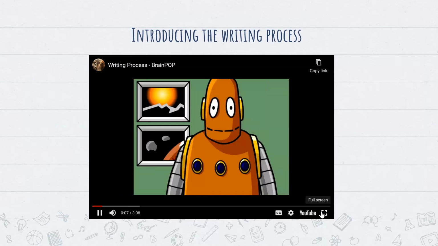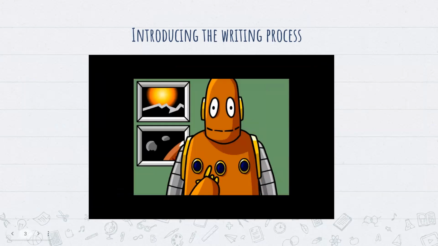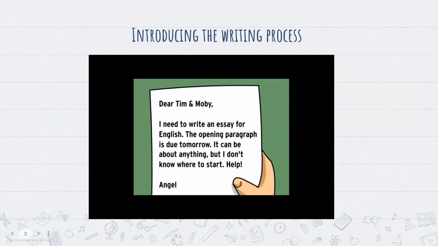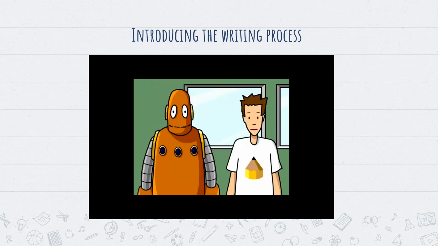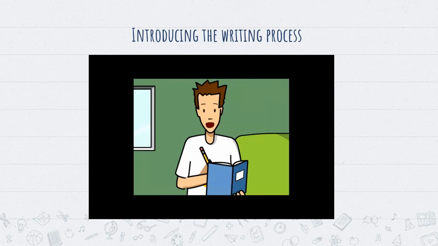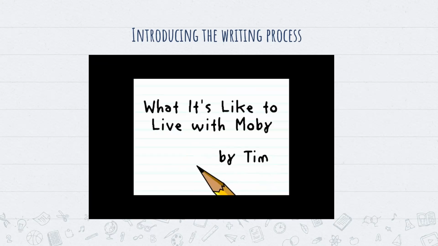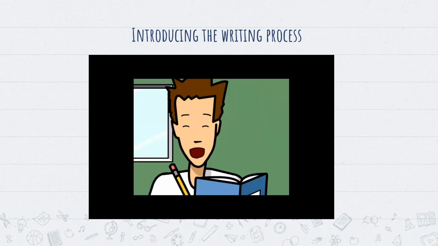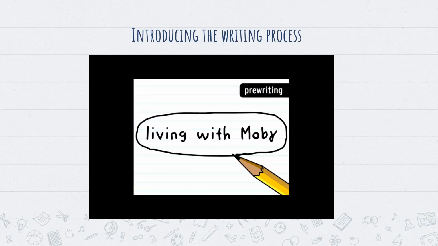I don't know what to write about. Write about you. Dear Tim and Moby, I need to write an essay for English. The opening paragraph is due tomorrow. It can be about anything, but I don't know where to start. Help. From Angel. I'm in the same boat, but Moby just gave me an idea. When you can write about anything, it's good to pick a topic that you're familiar with. Okay, now that I've got my topic, the pre-writing begins. This is when you collect your ideas and make some notes. Let's see what kinds of things come to mind when I think about life with Moby. I'll start at the beginning, like when we first met.